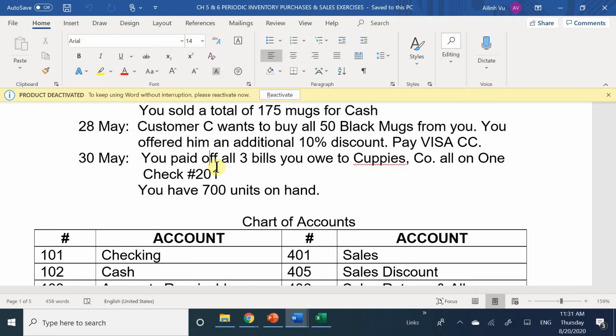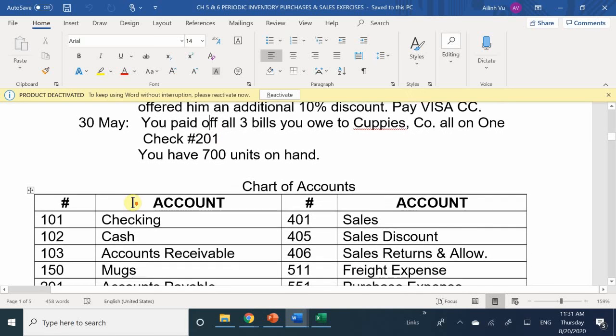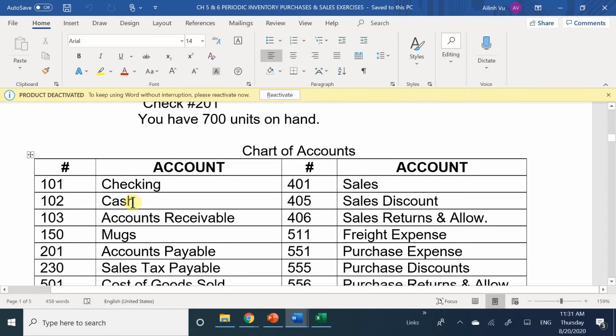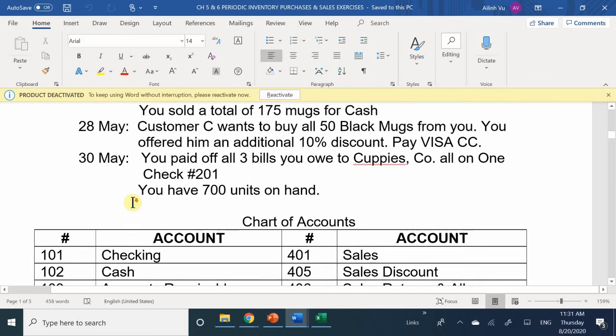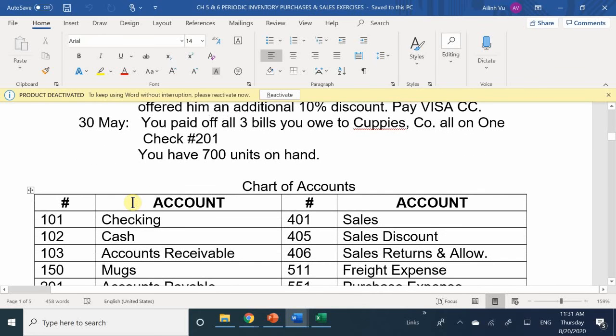So in this case, this is what the scenario is, and he paid with a Visa credit card. Now let's go ahead and see what that means. It's cash, but is he giving us physical cash? No. Where does the credit card usually go? Would it be checking?